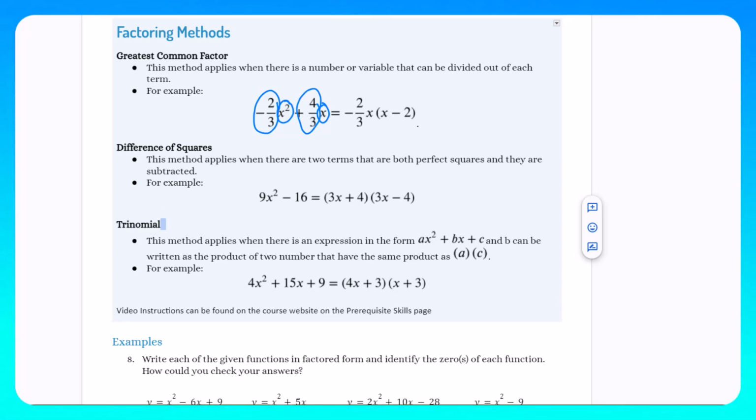This one might not be as evident, but we can take this negative 2/3 out, and we can make sure we're doing it right by foiling back in. So negative 2/3 times x times x is negative 2/3 x squared. And then negative 2/3 x times negative 2 would be positive 4 over 3.